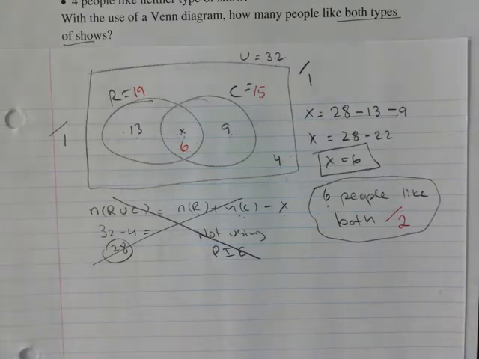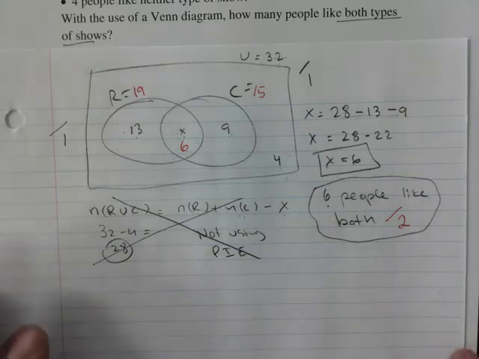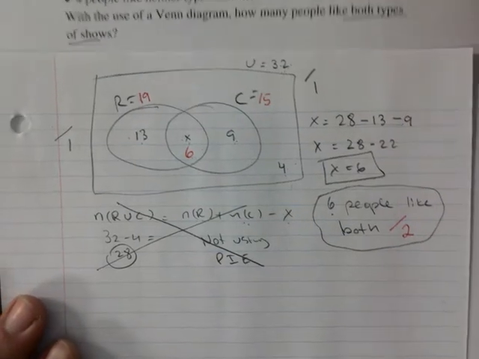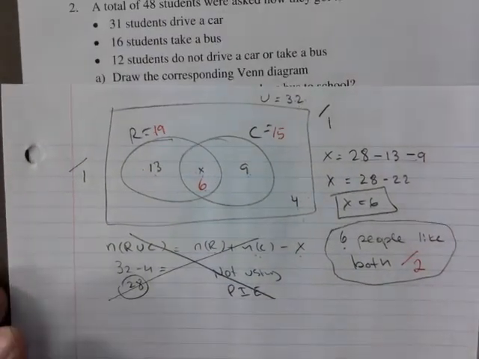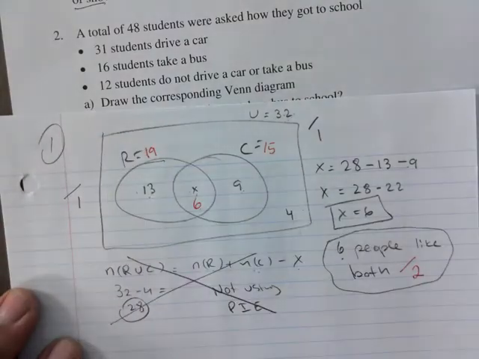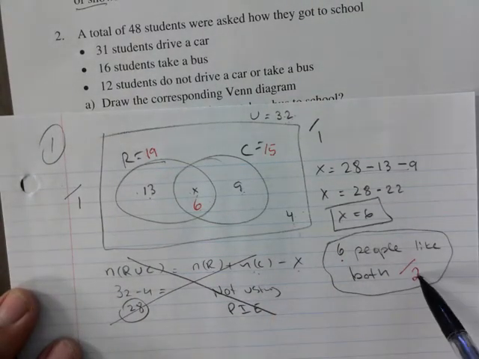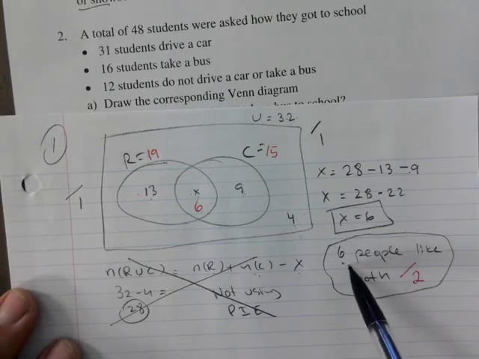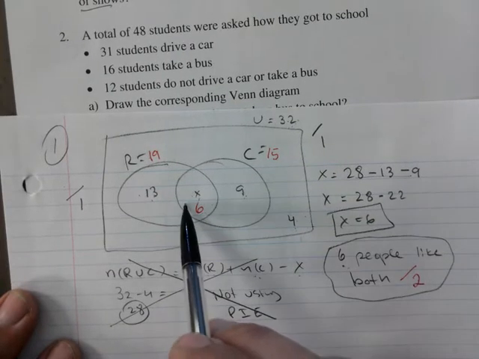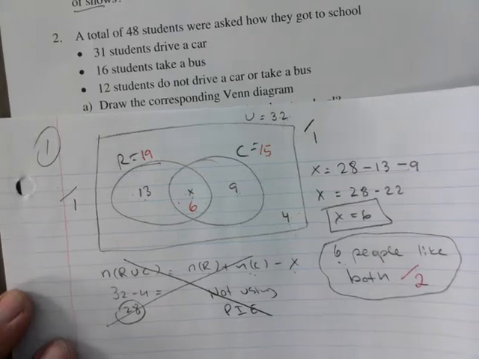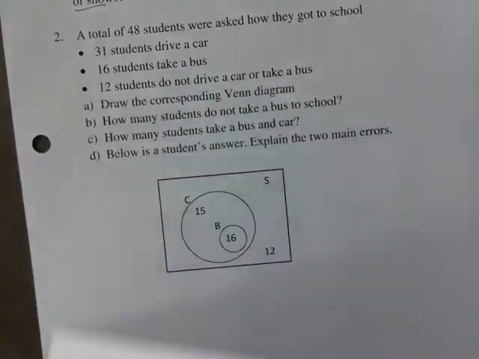So if you got the 6, you get 2 marks. That's what I'll say. So 4 marks for question 1: 2 for the Venn diagram, 2 for getting the 6, because it did say using a Venn diagram. So 4 for question 1.